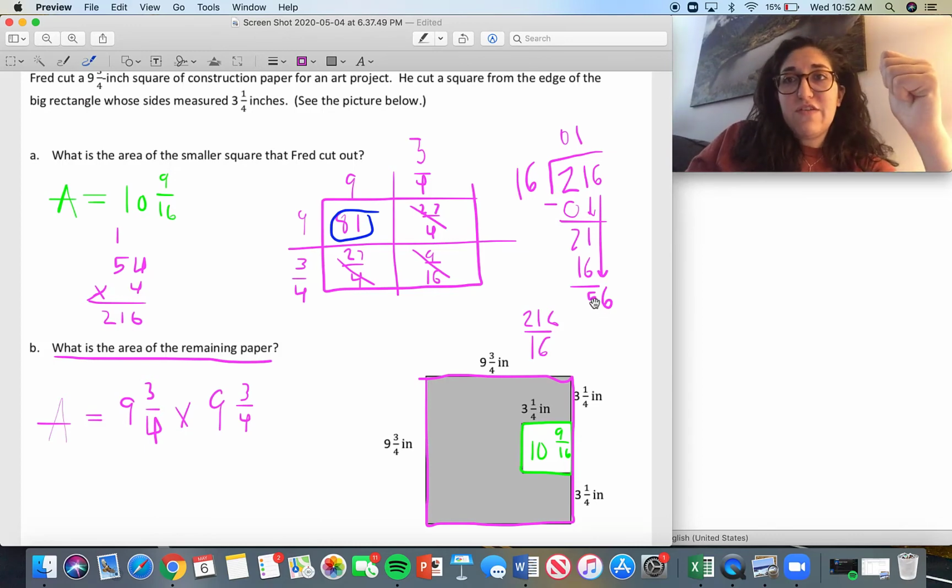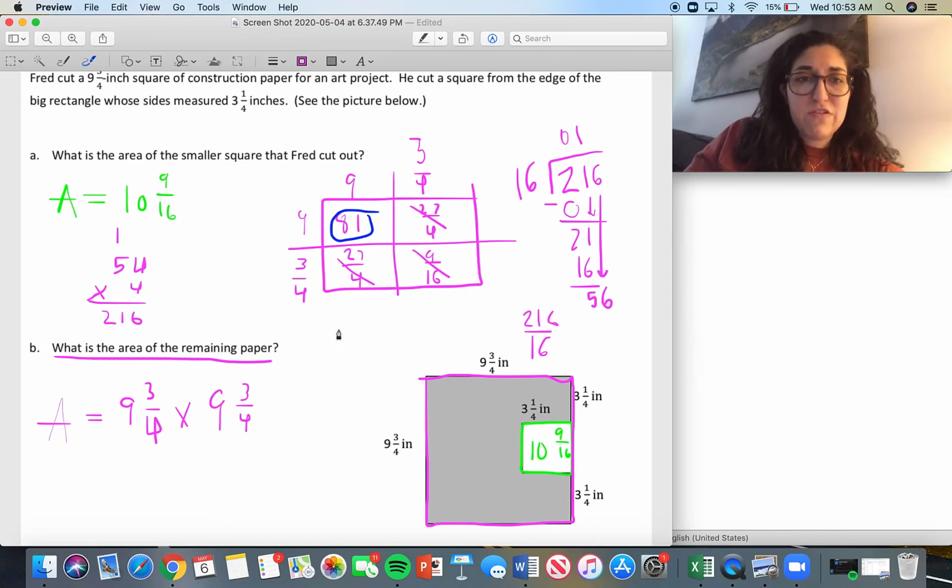16 goes into 56, let's say 16, 32, right? 16 plus 16 is 32. 16 plus 32 would be 48.